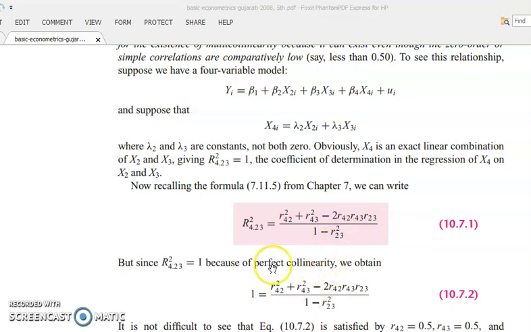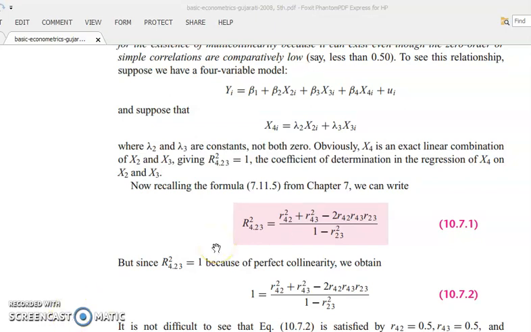So even though the pairwise correlation between x4 and x2 is low, 0.5, the correlation between x4 and x3 is low, 0.5, and the correlation between x2 and x3 is low, 0.5, we can still have a perfect multicollinearity whereby R squared 4 to 3 is equal to 1. Therefore we can say that high pairwise correlation coefficient is a sufficient but not a necessary condition to show the problem of multicollinearity.